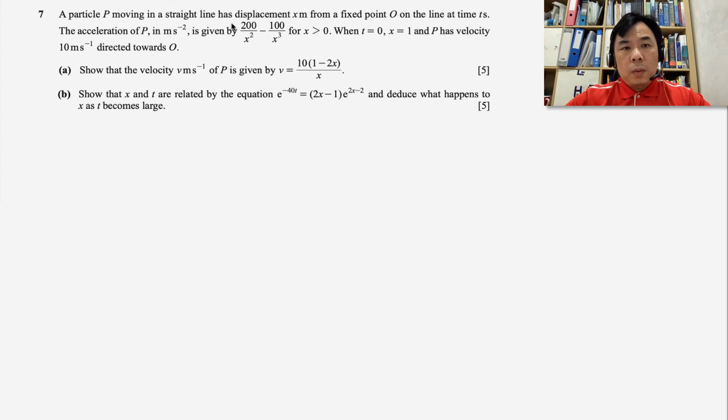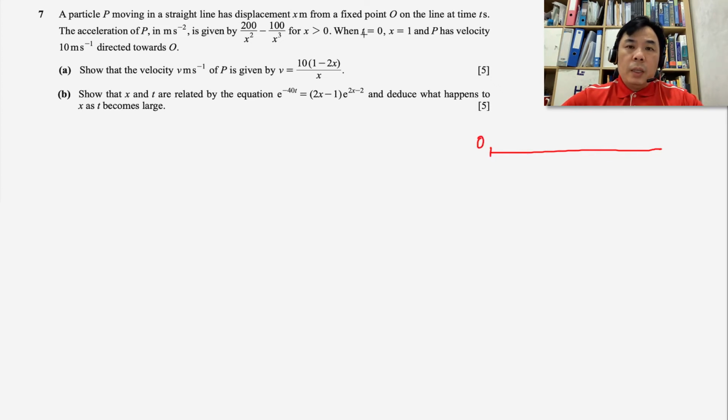The first one, we have been given the acceleration. Of course, most of you would straight away jump onto the algebra and so on. But my suggestion is always draw out a diagram just to visualize in case we miss out any detail that we are supposed to look at. So take for instance, this is our reference O here.